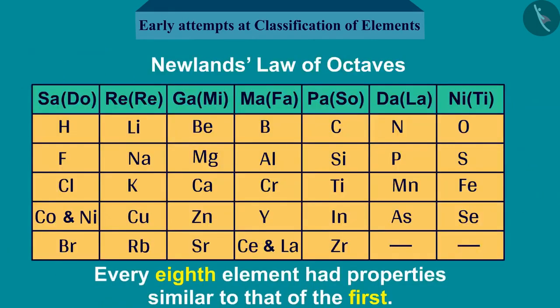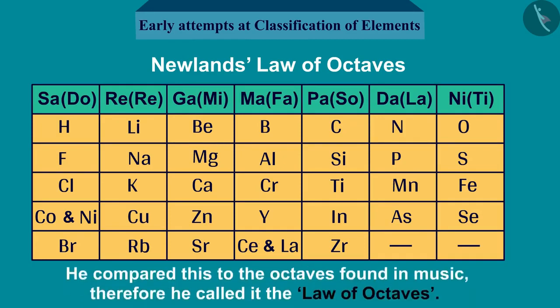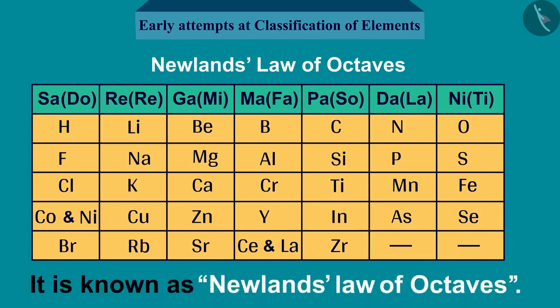He found that every 8th element had properties similar to that of the first. He compared this to the octaves found in music. Therefore, he called it the law of octaves. It is known as Newland's law of octaves.